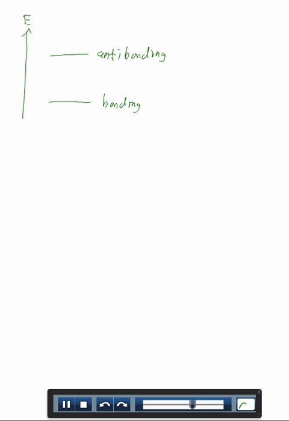So the H2 molecule has 2 total electrons, one from each hydrogen, and so we'd start with the lowest orbital and we start putting electrons in. We can put 2 electrons in each orbital as long as they have opposite spins, and so we designate the spin with an up or down arrow, and so we can put 2 electrons in the bonding orbital. So this shows that the hydrogen H2 molecule is net bonding because the electrons are all in a bonding orbital.